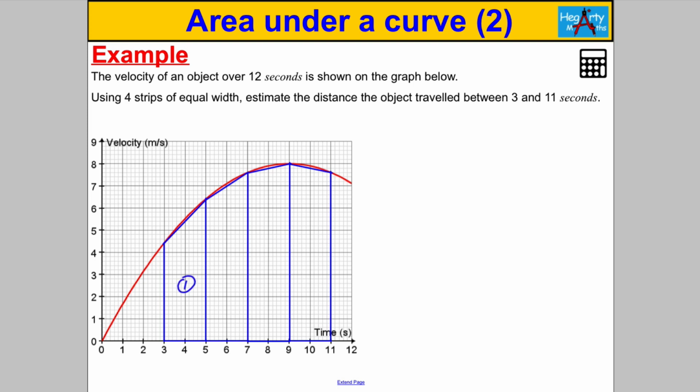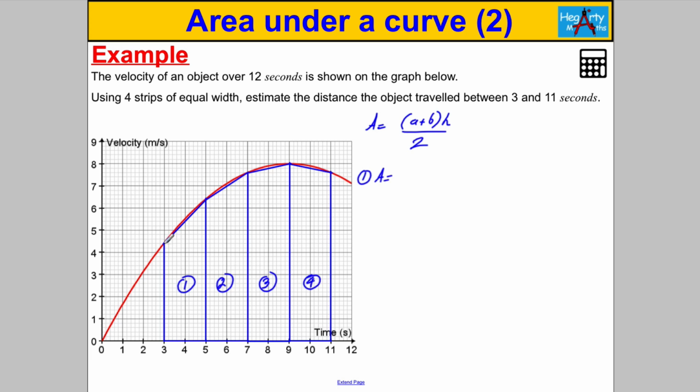And our objective is simply to calculate the areas of these 4 trapezia, add them together for our estimate of the distance. So remember, the area of a trapezium is A add B multiplied by H over 2. So let's do it for number 1.